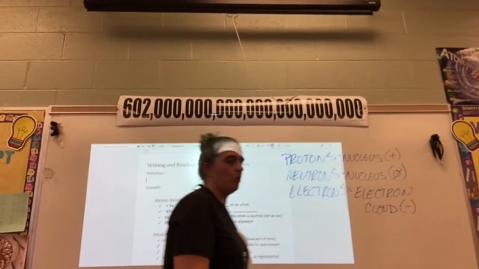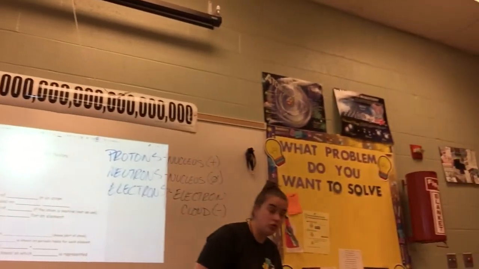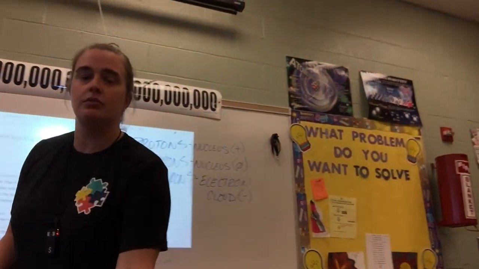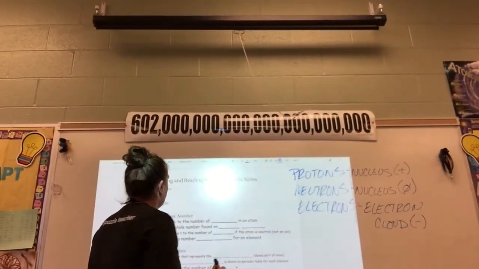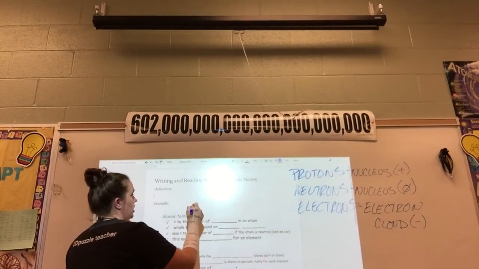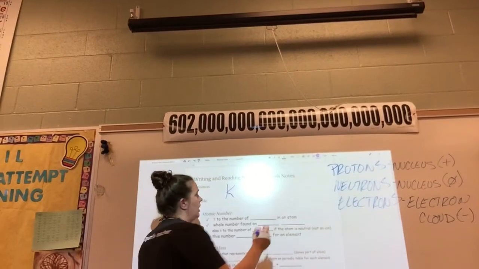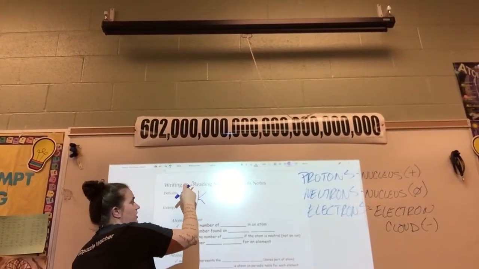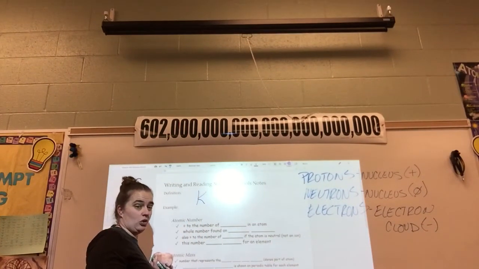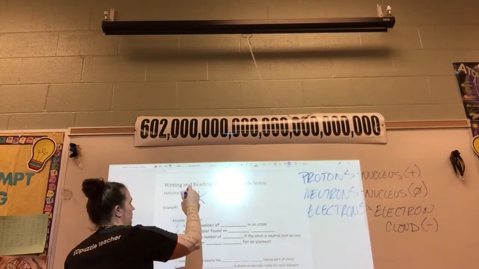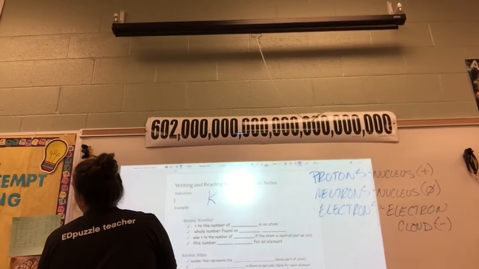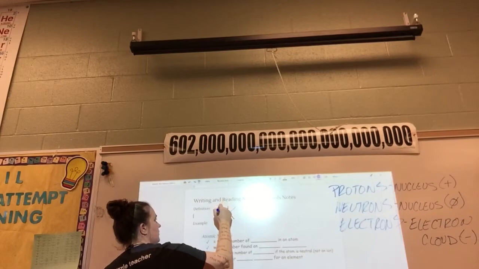Okay? So, when we talk about a nuclide symbol, there's 2 ways that we can write a nuclide symbol. We can write it with the symbol. So I'm going to work on potassium. So I write the symbol. And then the number in the upper left-hand corner is the mass number. For potassium, I'm going to say it's 40.